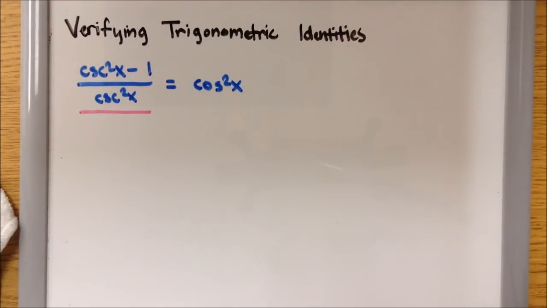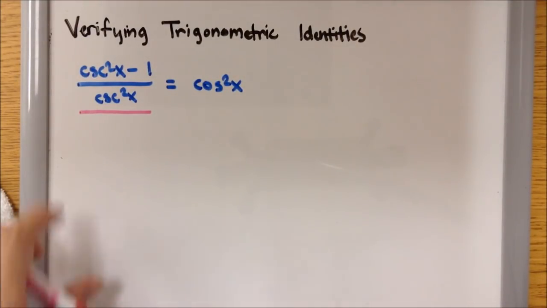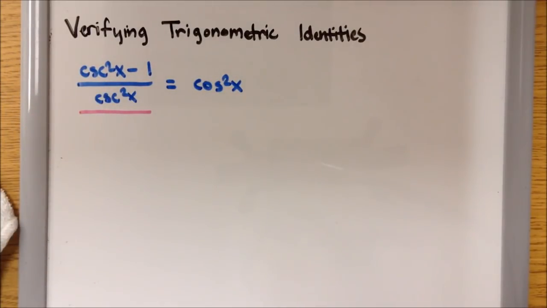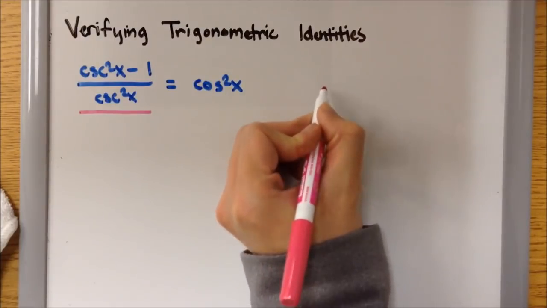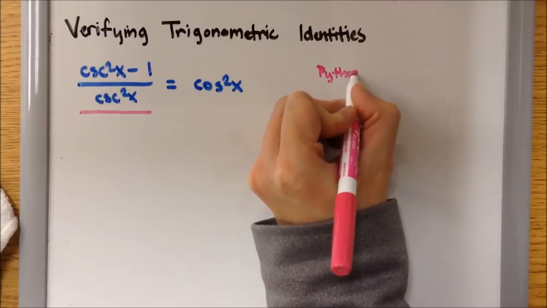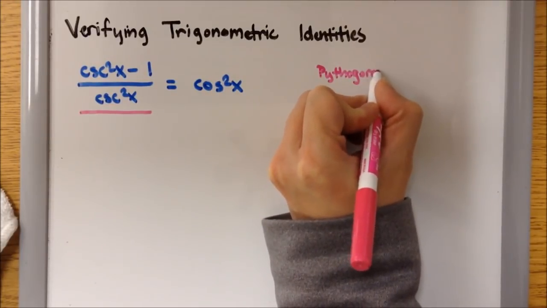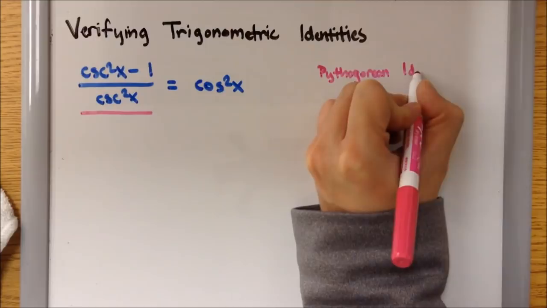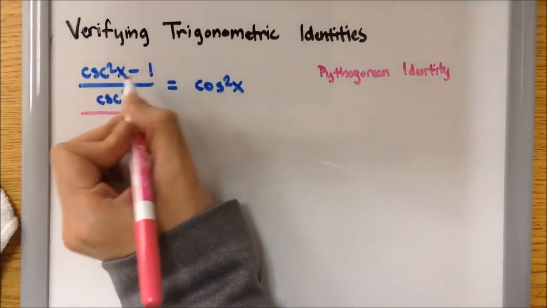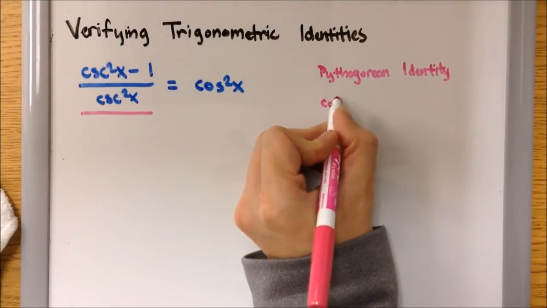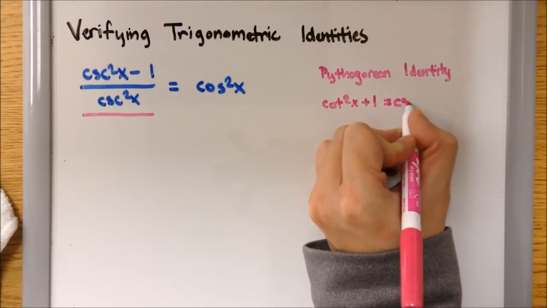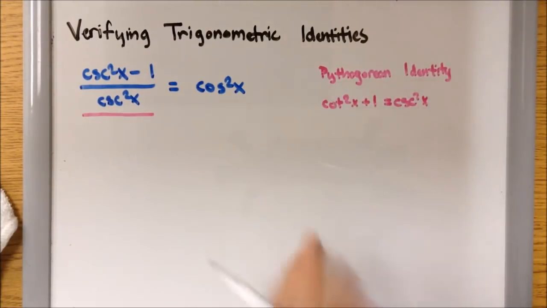Now, here I notice we have a cosecant squared x with a 1. I could use the Pythagorean identity. The only one that uses cosecant squared x with the 1 is cotangent squared x plus 1 equals cosecant squared x.